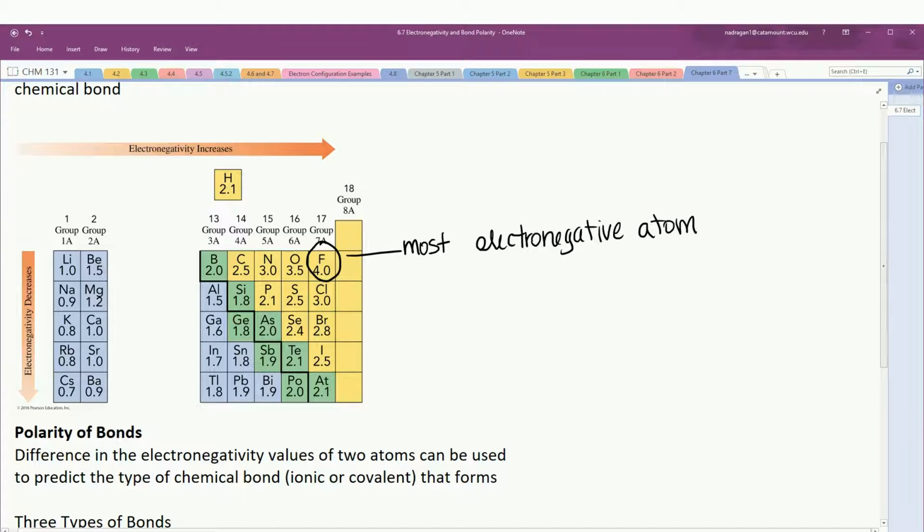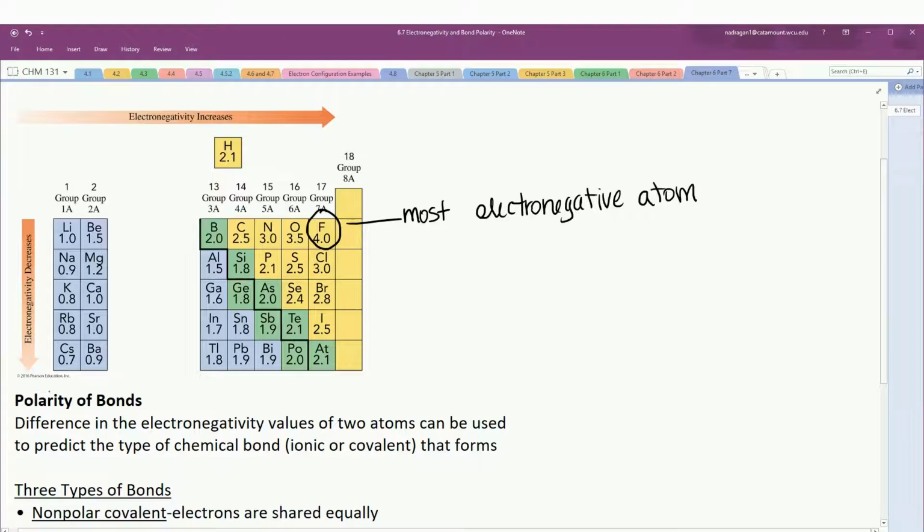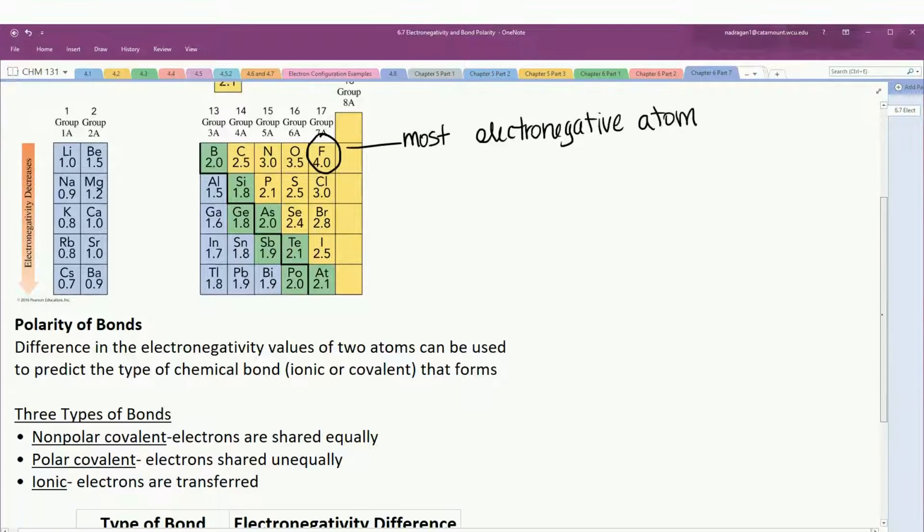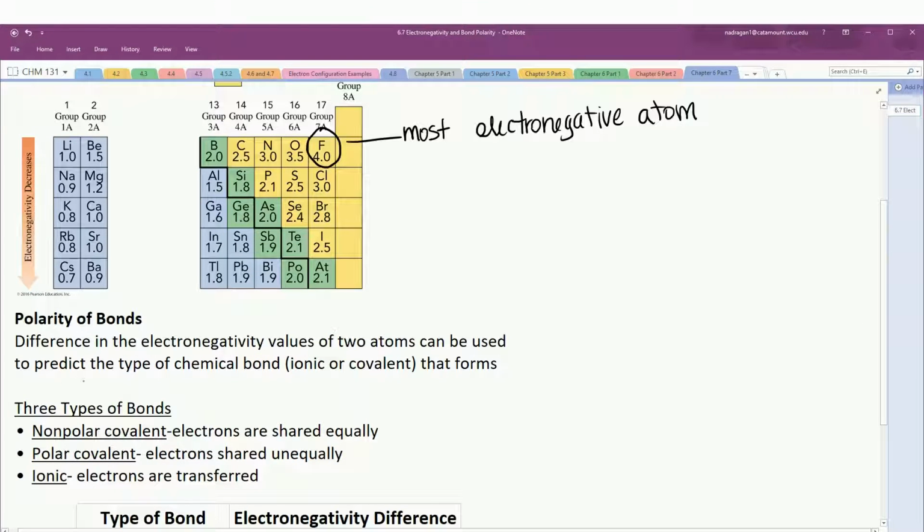So you can find the polarity of bonds, which is just the difference in electronegativity values of two atoms, by using these electronegativity values on this table in order to predict the type of chemical bond. There are three different types of bonds.